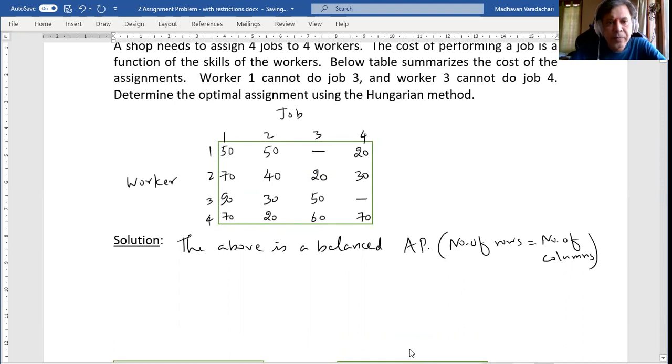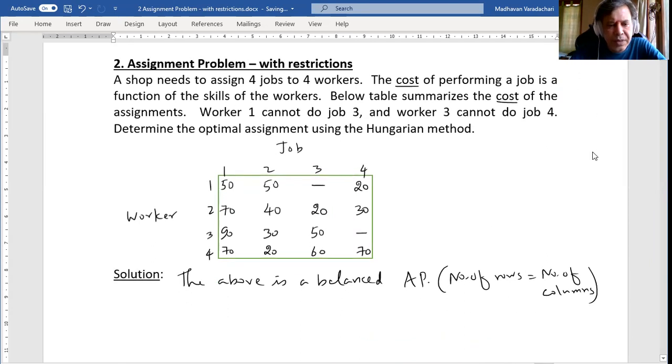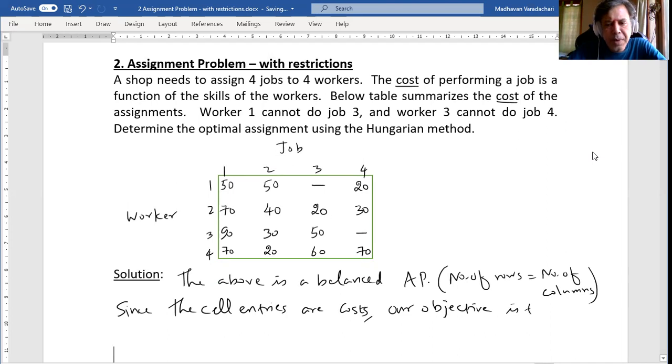Then the second thing is all these are costs. Whatever cell entries are given, these are all costs. So that means our objective is to minimize the total cost.